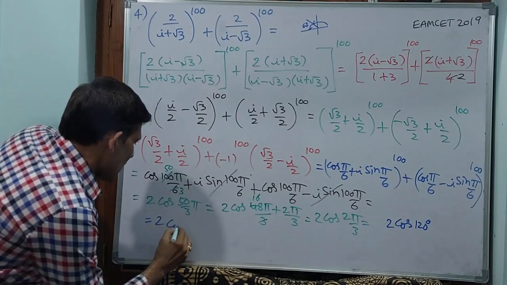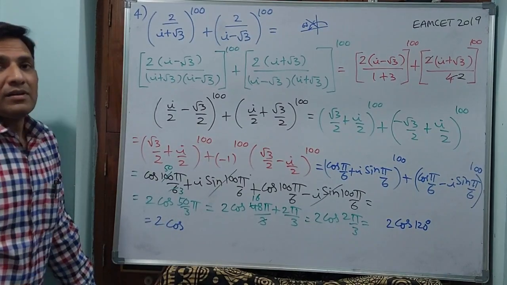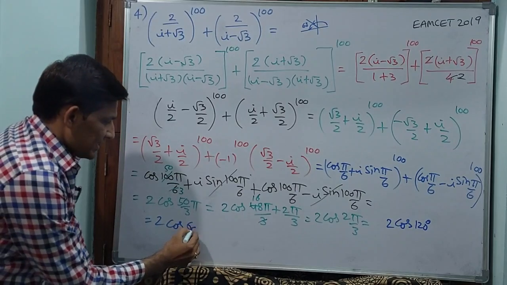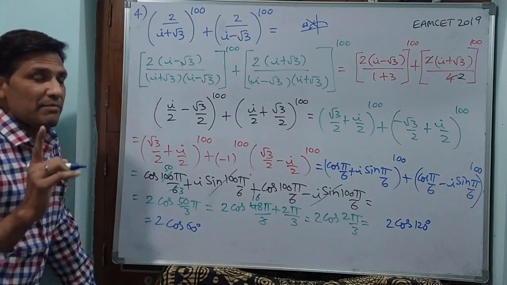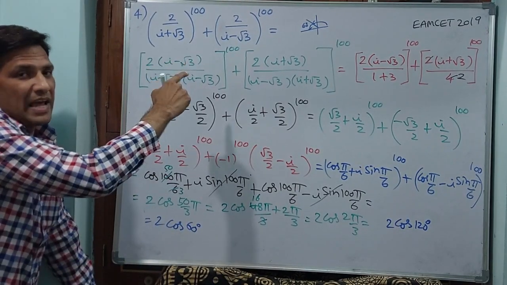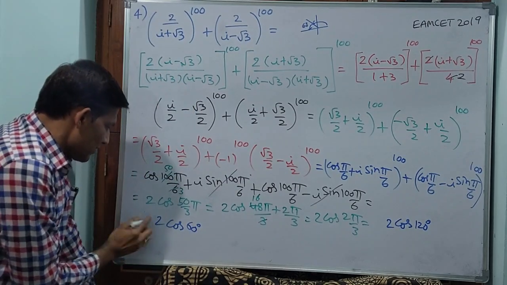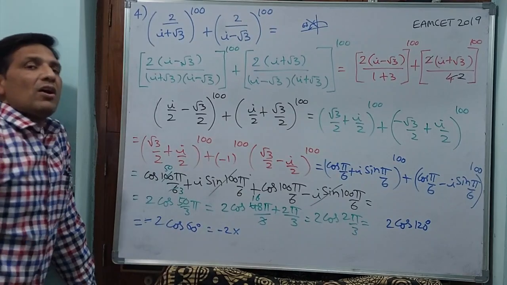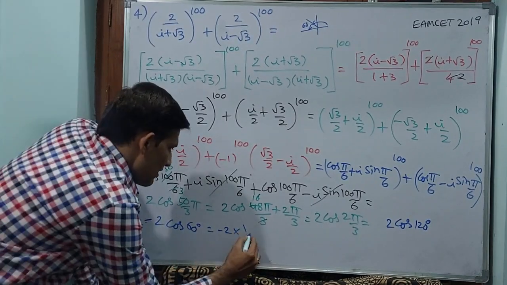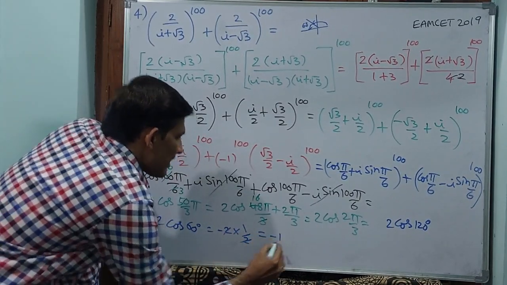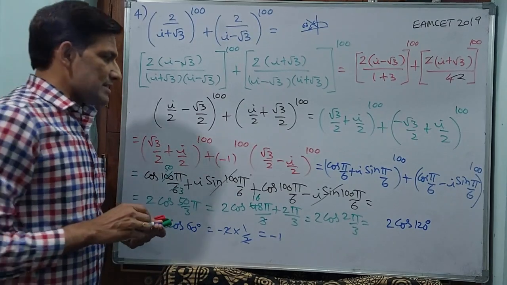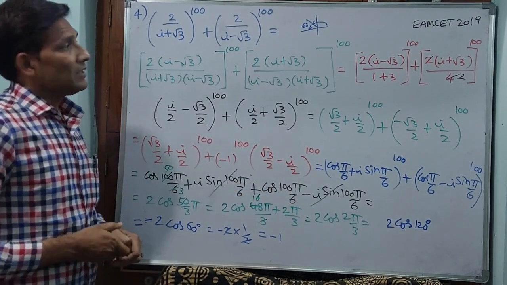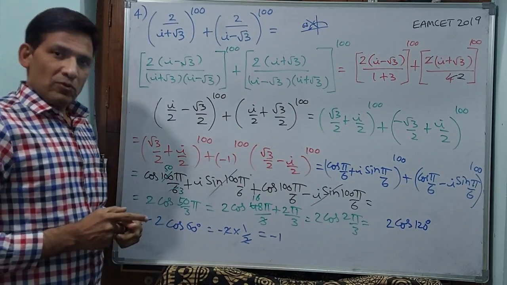That is equal to 2 cos 60. 180 minus 60 means 60 only will come, but that quadrant belongs to sine, not cos, that is why minus will come. That means minus 2 cos 60. That is equal to minus 2 into cos 60, whose value is 1 by 2. The 2 will get cancelled. Finally minus 1 will come. You understand this logic? Because in trigonometry you should have some basic knowledge, or else we are not able to do this. Okay? Let us go for the fifth question.